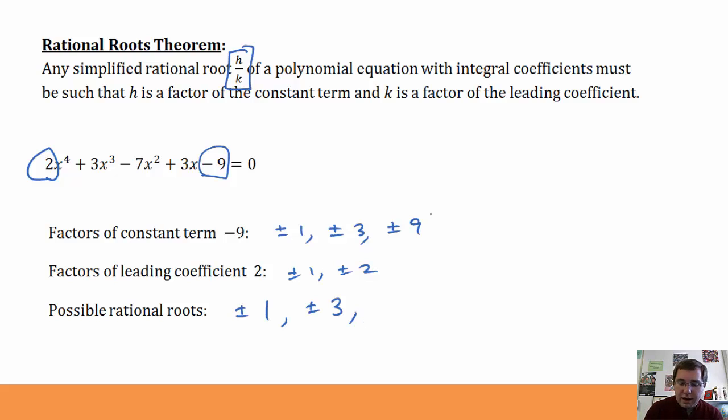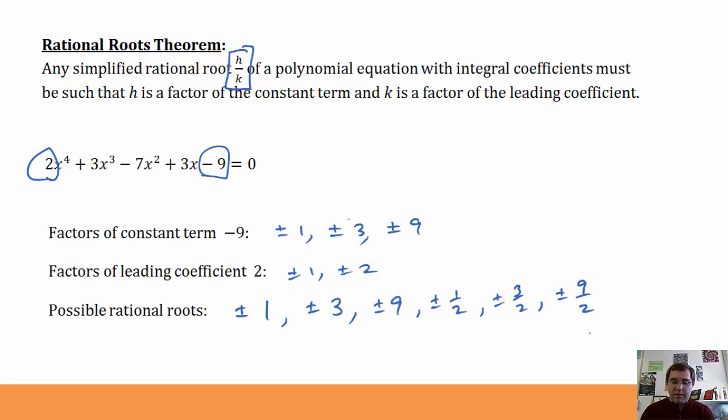I could take the 9 and divide it by 1 and get plus or minus 9. I could take the 1 and divide it by 2 and get plus or minus 1/2. I could take the 3 and divide it by 2 and get plus or minus 3/2. And I can take the 9 and divide it by 2 and get plus or minus 9/2.